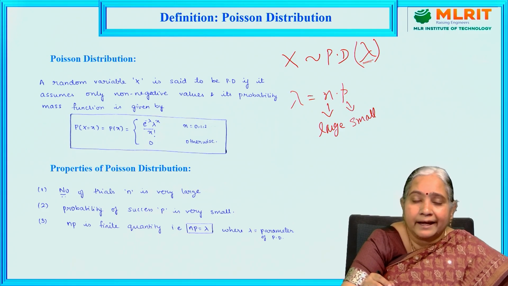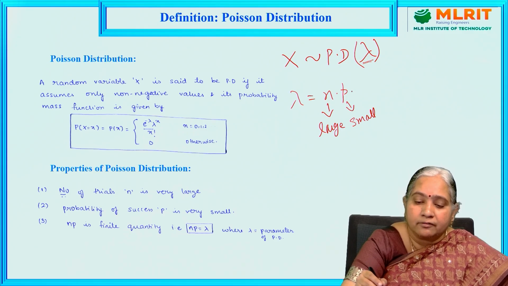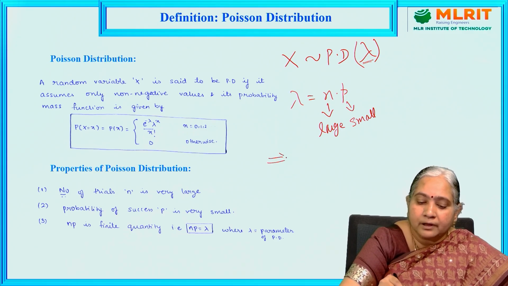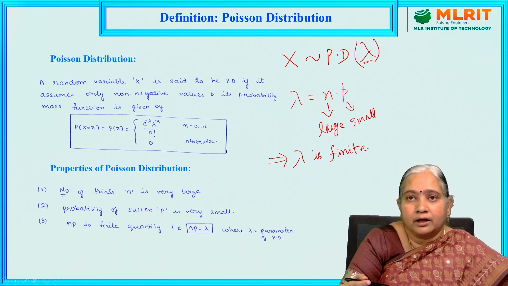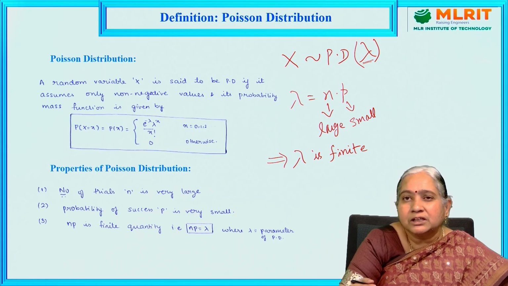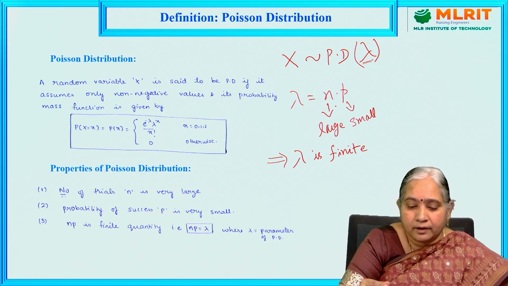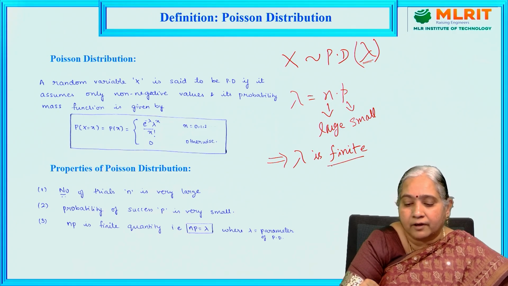So that's why n into p is a finite value, and lambda is finite. If we multiply a large value with a very small value in decimal form, since probability is in decimal, we get a finite value only. So that's why lambda is a finite value.